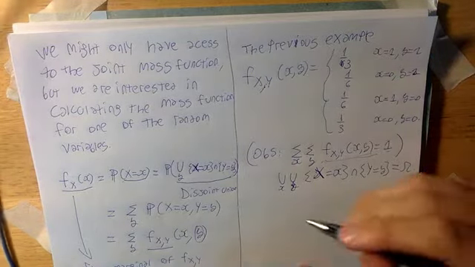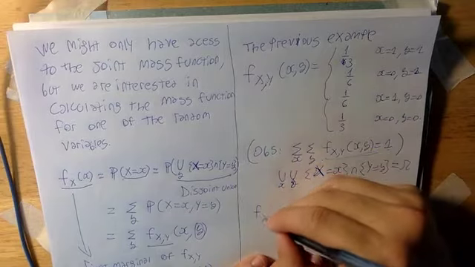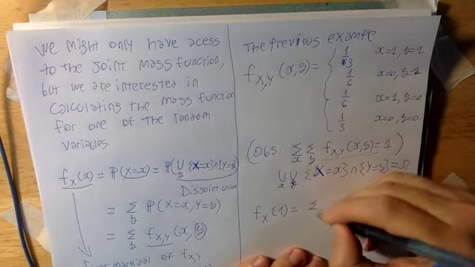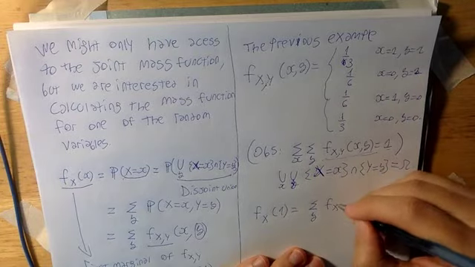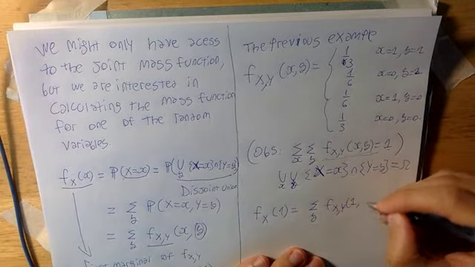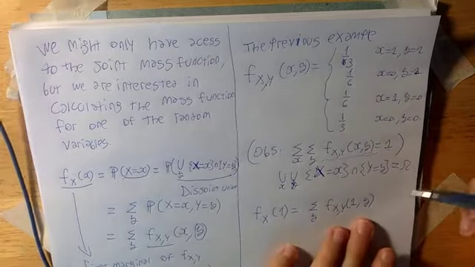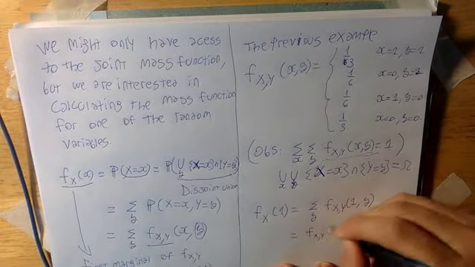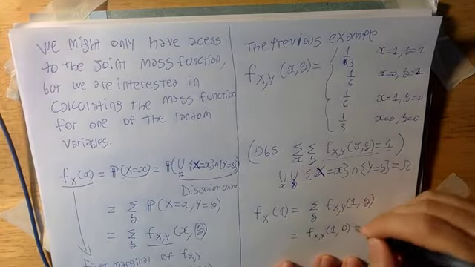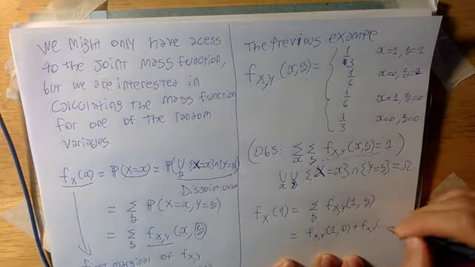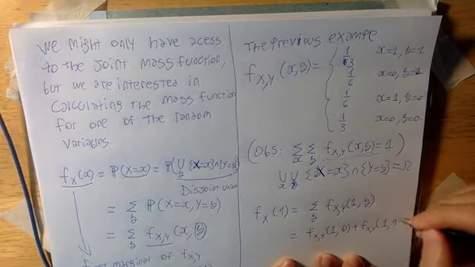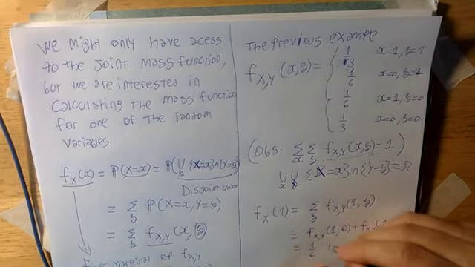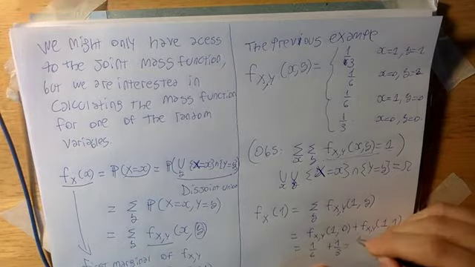So if we want to calculate f_X of 1, we have to do the sum over y of f_XY(1, y). In this case, this is f_XY(1,0) plus f_XY(1,1), which is 1/6 plus 1/3, equal to 1/2.